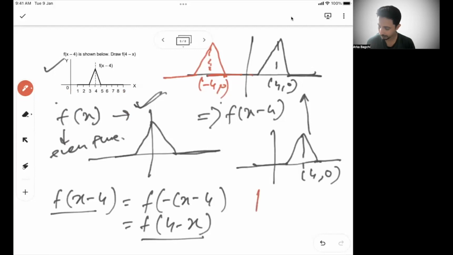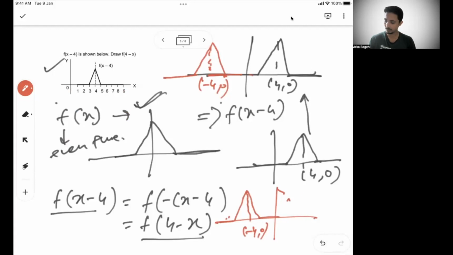So your final graph will be like this, where this line is minus 4 comma 0. This will be the final graph, right? So instead of x minus 4 on this side, 4 minus x will be on the other side, which is symmetrical.